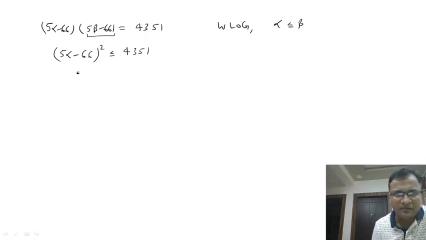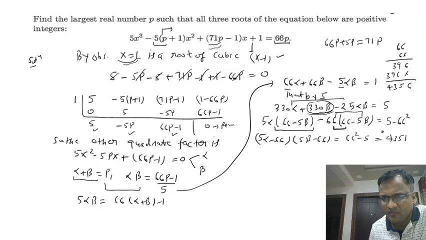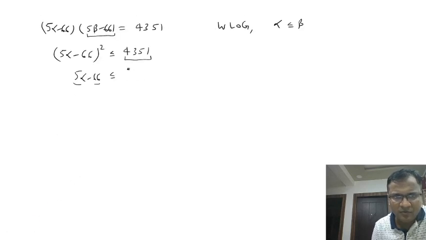Then 5 alpha minus 66 is less than or equal to the square root of this number. Here alpha is a positive integer, 66 is also a positive integer, and 4351 is something like 66 squared minus 5. So this cannot go beyond 65. So from here we can write that 5 alpha cannot go beyond 65 plus 66, that is 131.